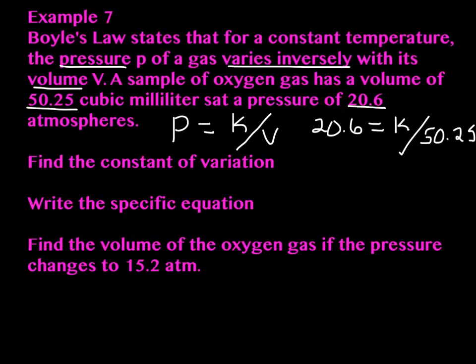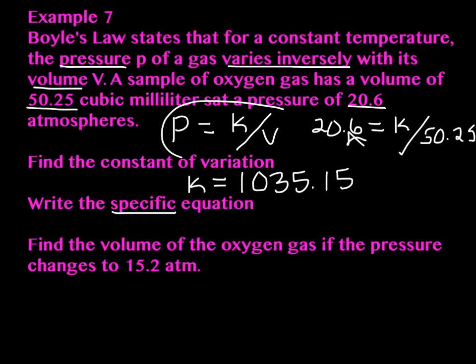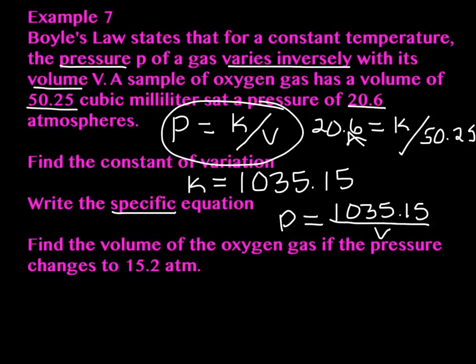So when I multiply, I get K equals 1035.15. So when it says write the specific equation, this was the general equation, now we're going to write P equals 1035.15 divided by the volume.